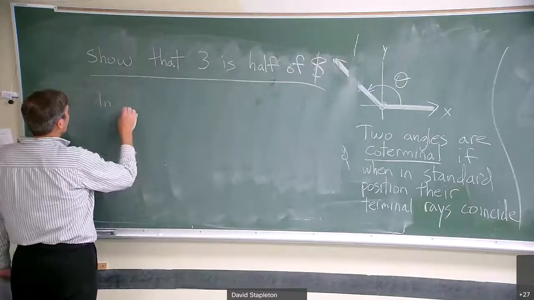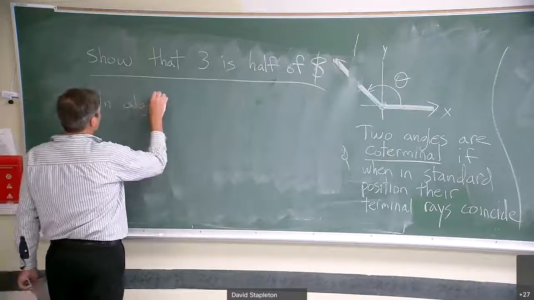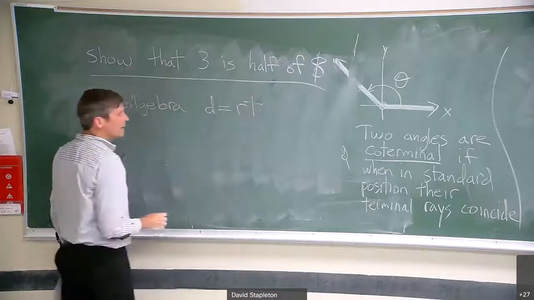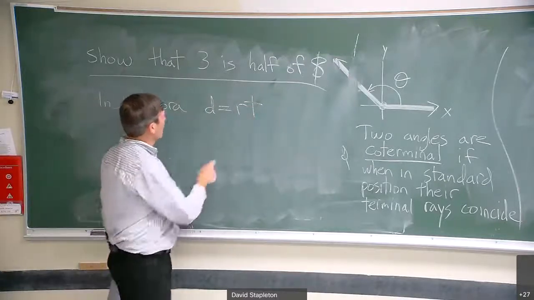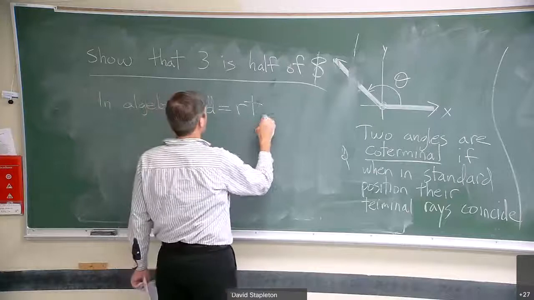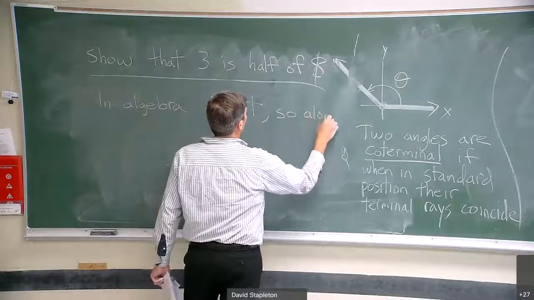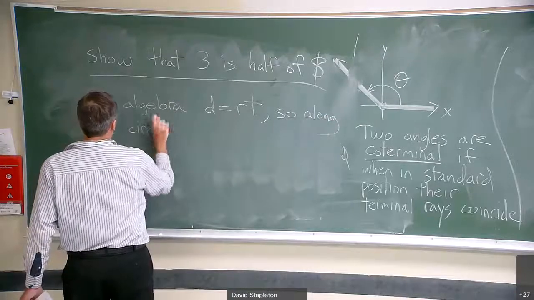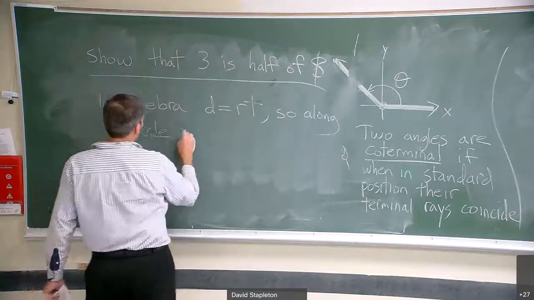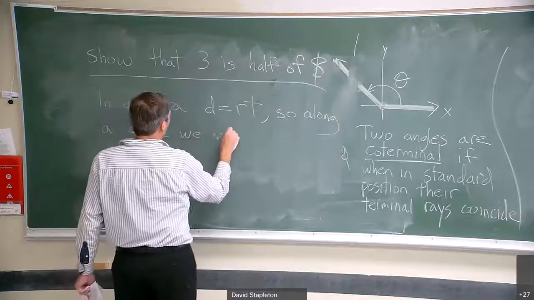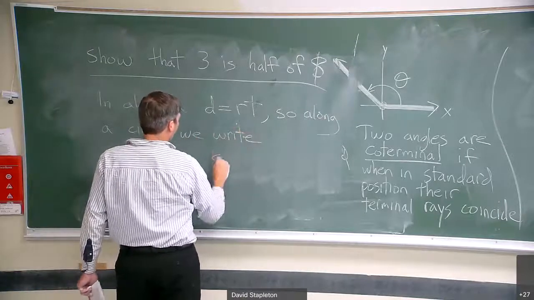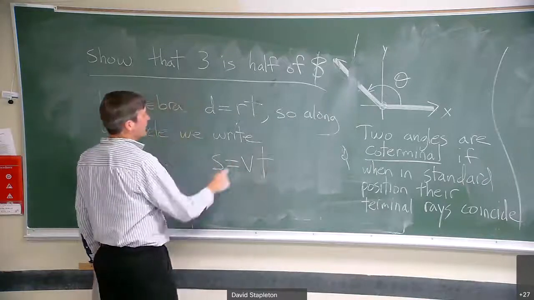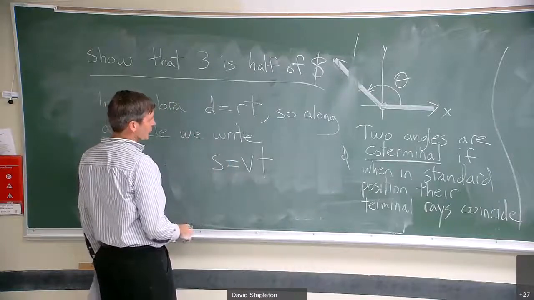So I'll say this, in algebra, you learn that distance equals rate times time, right? D equals R times T. Now, if the distance is along a circle, then we'll call the distance arc length, right? So along a circle, we'll write S equals V times T, using V for speed instead of R for rate.